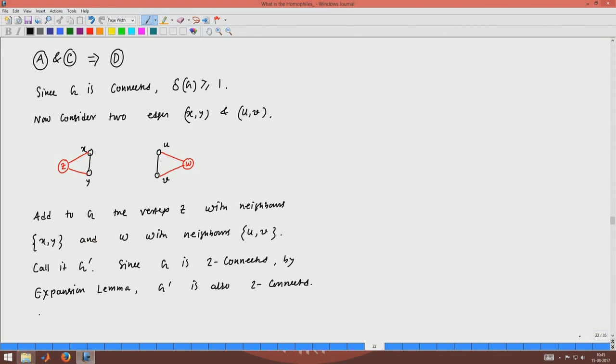So this new graph G prime is obtained by adding 2 new vertices z and w. You can think in this way: first you add z, and by the expansion lemma the graph with new vertex z is 2 connected, and then with that graph again you add w, and again by the expansion lemma the graph G prime will be 2 connected.